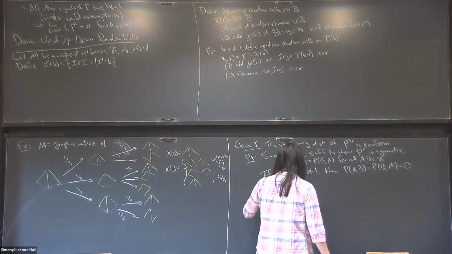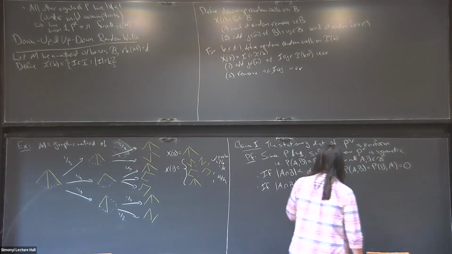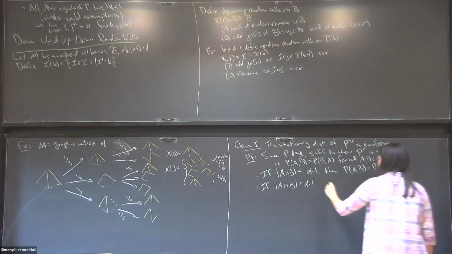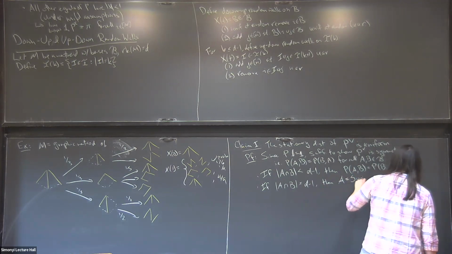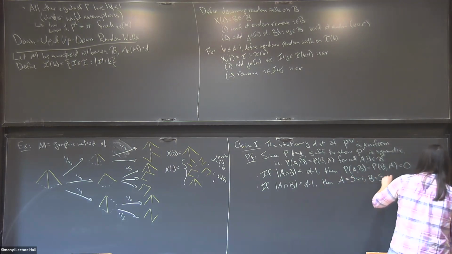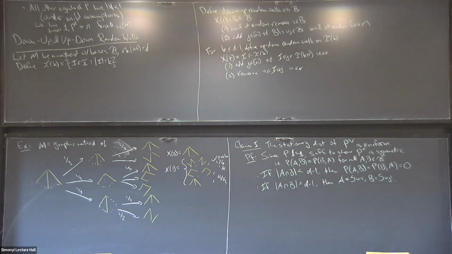We do have to go somewhere sometime. So if they share exactly D minus 1 elements, then we can write A as S union I, and B as S union J. S is their intersection, A has one more element, B has one more element, because they are both of size D. If I am at A, what is the only way I can get to B?